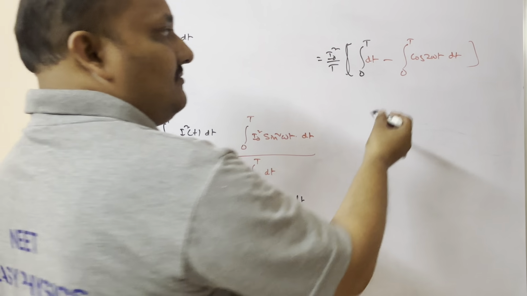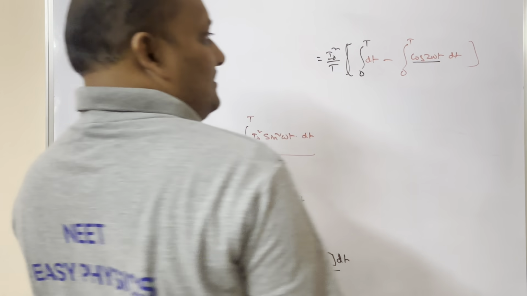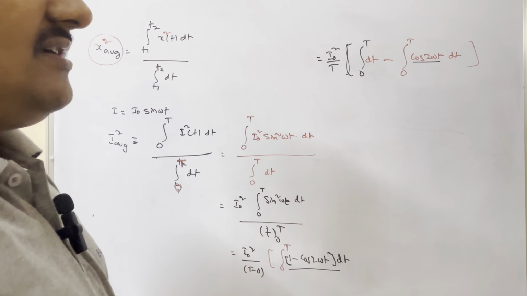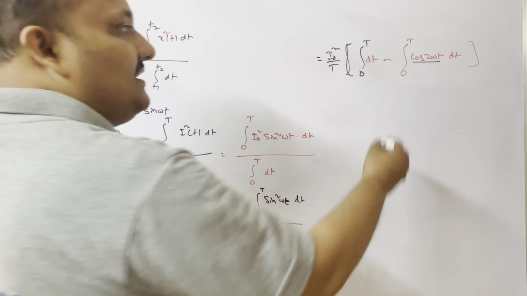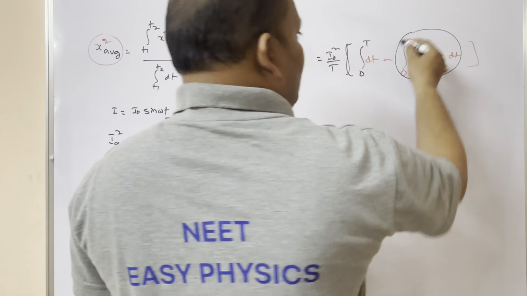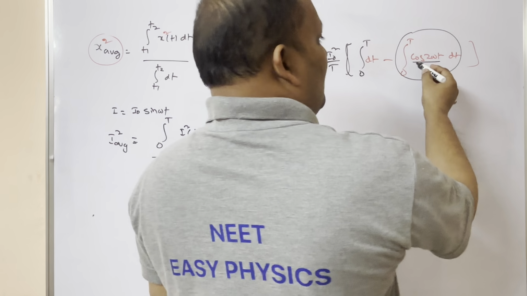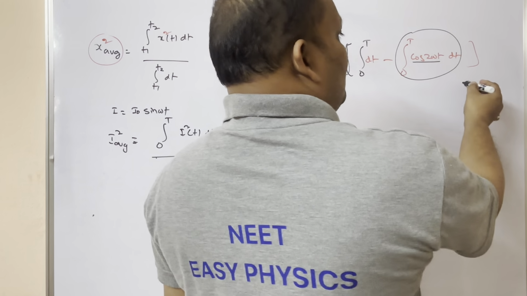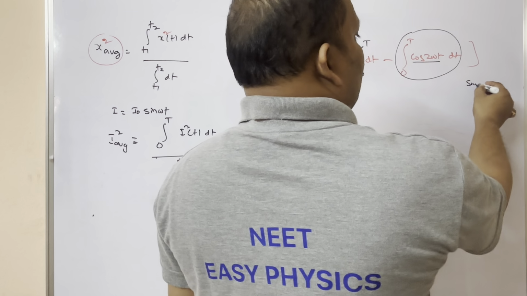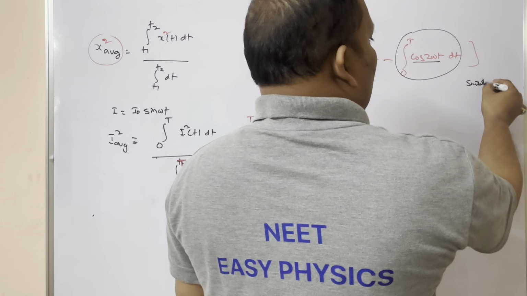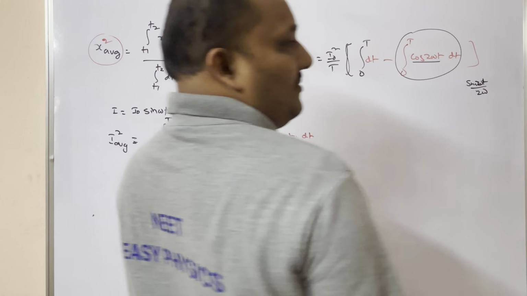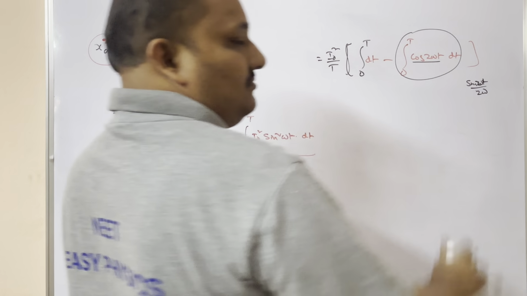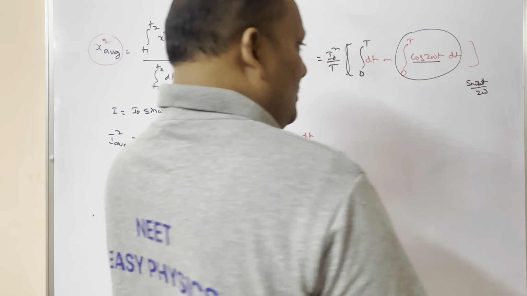So, just we discussed now, either sin omega t, cos omega t, 2 omega t, everything between the limits 0 to T is going to become 0. If you want to calculate also, you can calculate. Integral cos omega t means what you will write? Sin omega t, here sin 2 omega t by 2 omega. So, if you substitute T value, how much is T value?